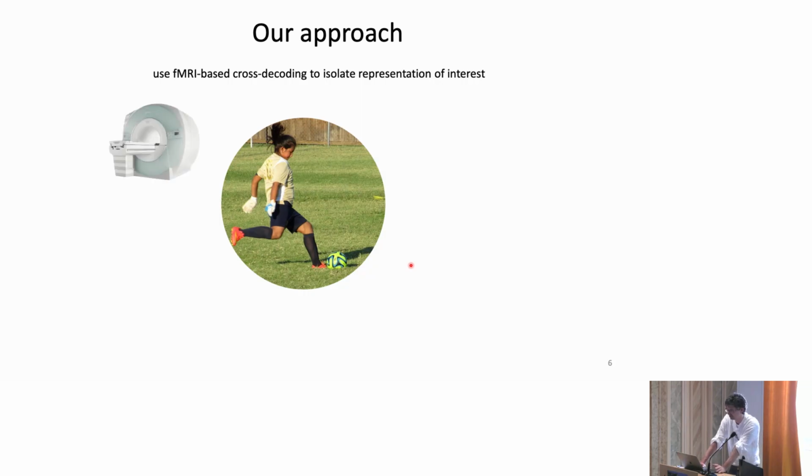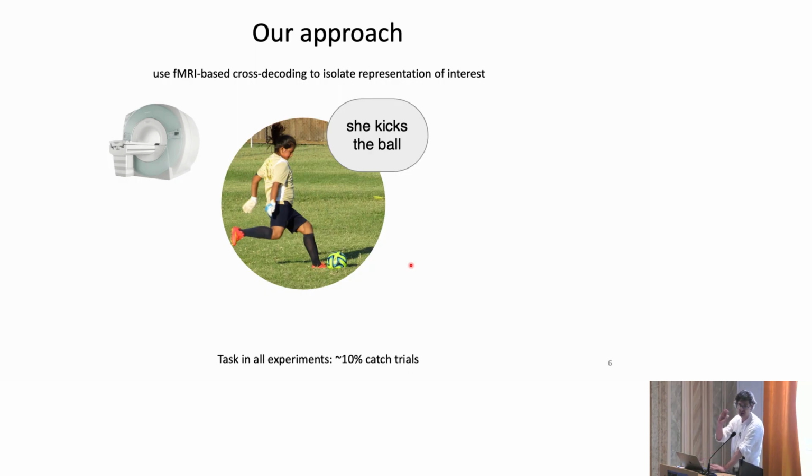We scan participants with fMRI while they observe short videos of actions, for example, kicking a ball, while they do a very basic catch-trial task just to ensure they pay attention to our stimuli. And then in different experiments, we use other kinds of stimuli that match the action video in terms of just the level of representation we are interested in. And this allows us to isolate that component of interest.